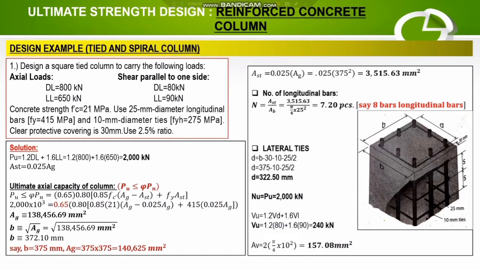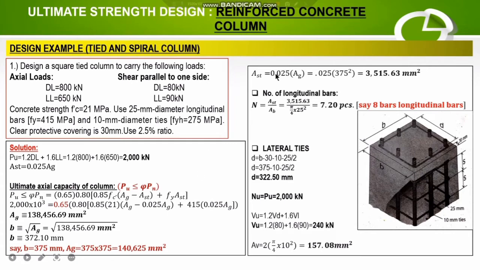the gross area and the size of the square tied column, let's proceed with solving for the steel reinforcement area. Since I am given the 25 mm diameter, I am now to solve for the number of longitudinal reinforcement of 25 mm diameter that will be used in the 375 by 375 tied column section.